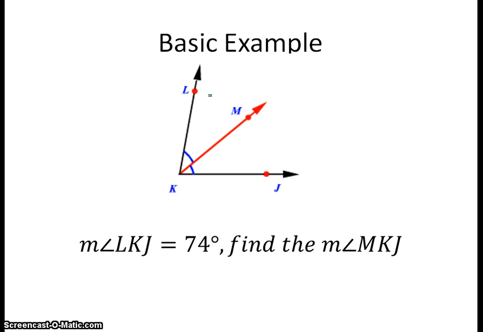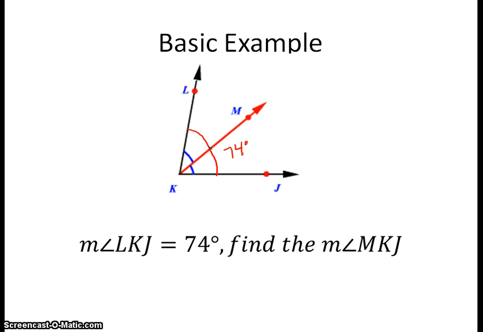It says that angle LKJ, the whole thing, is 74 degrees, and it wants us to find the measure of MKJ. So we only want to know this piece of it. Well, we know that this cuts it in half, so these two pieces are the same.